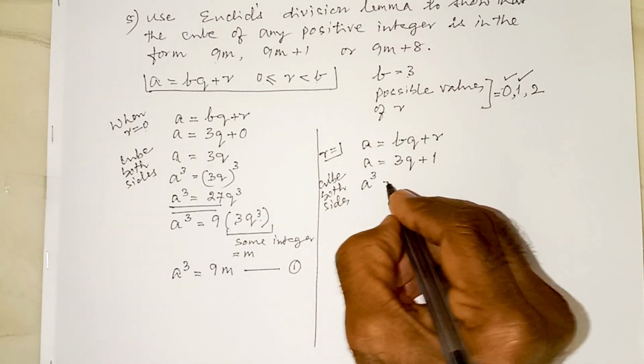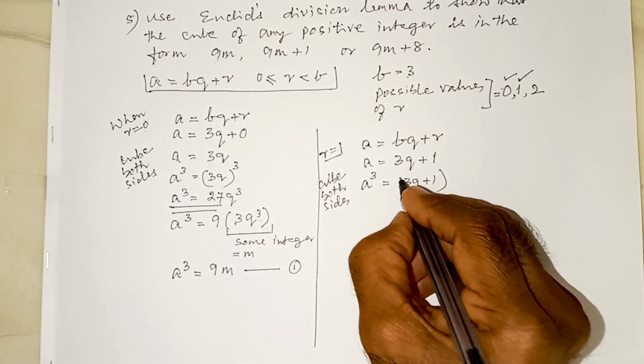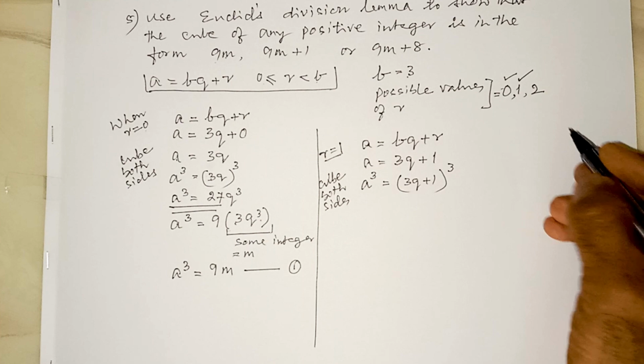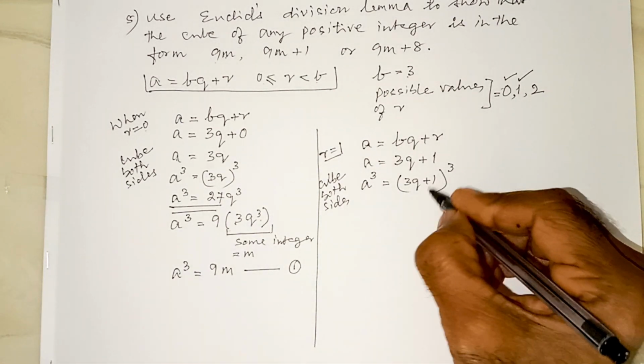Then a cube is equal to 3q plus 1 whole cube. There is an identity which we have to use here.